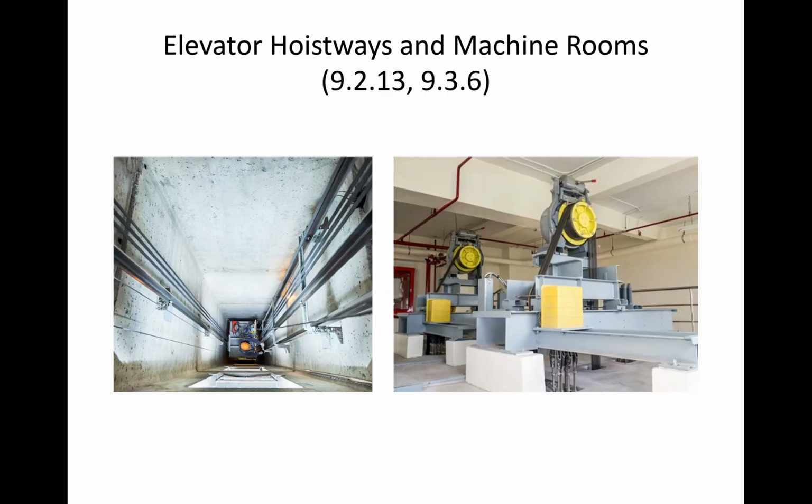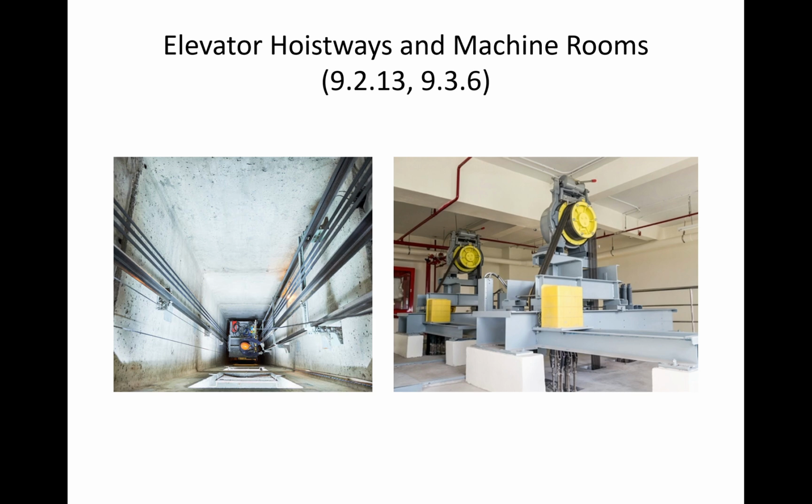For the elevator hoistways and machine rooms, there is one modification here in the new edition of NFPA 13, NFPA 13 2025. A sprinkler is no longer required at the elevator pit at the bottom of the elevator hoistway.